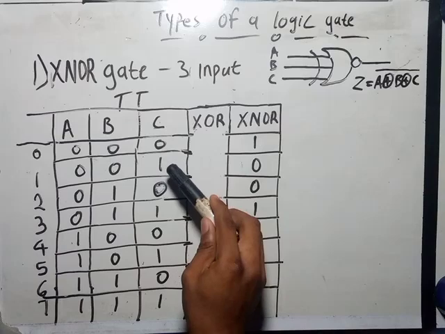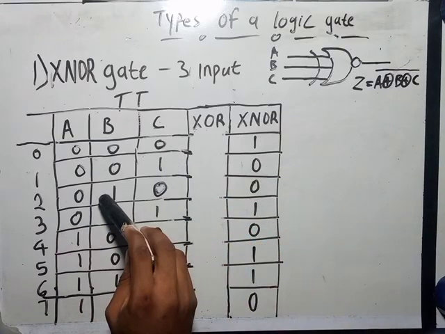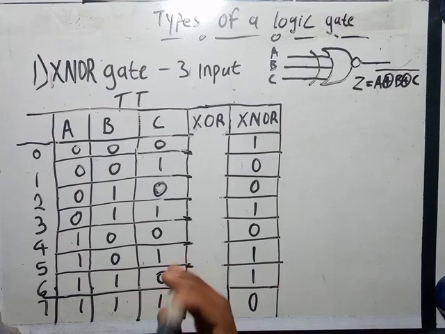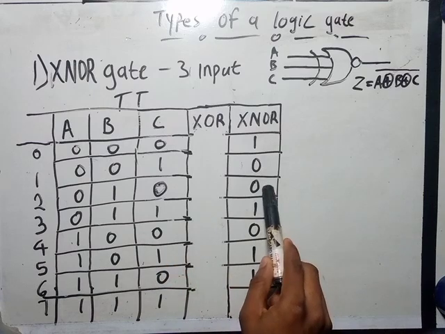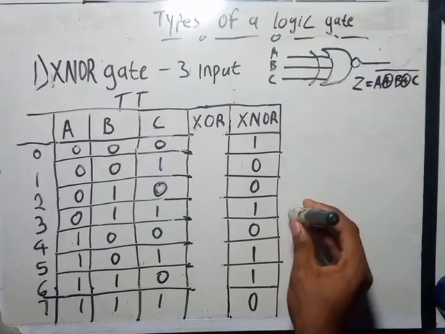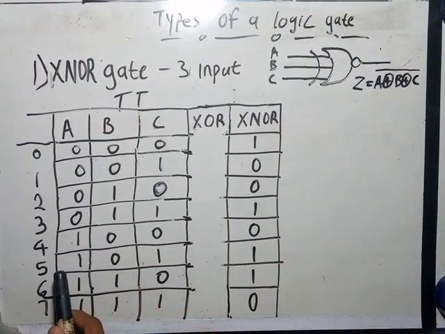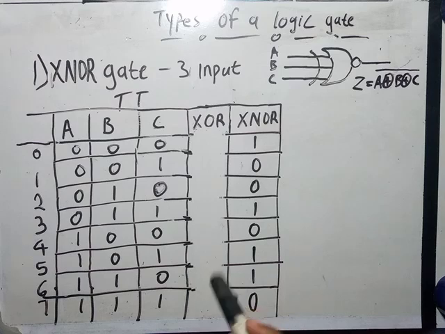High. Here we have an odd number of high inputs, our output will be low. Here we have an odd number of high inputs, our output here will be what? Low. Even number of high inputs, our output here will be what? High. And even number of high inputs, our output will be what? High. Even number of high inputs, our output will be high. Odd number of high inputs, our output will be low.